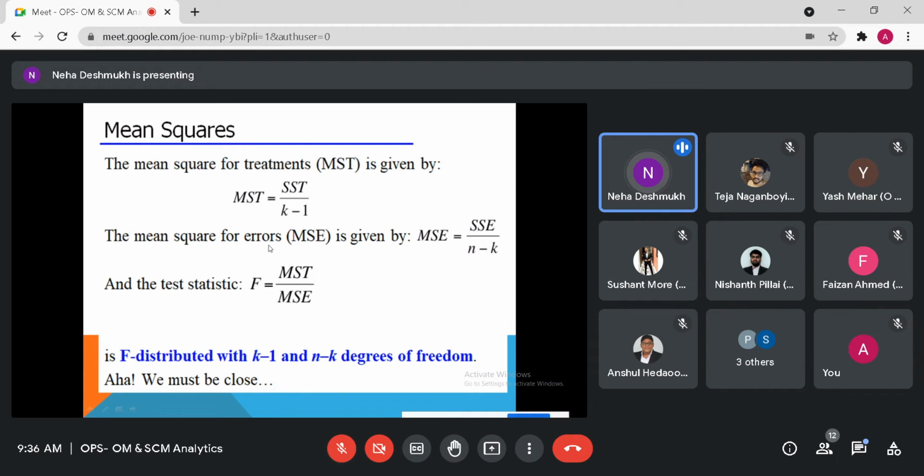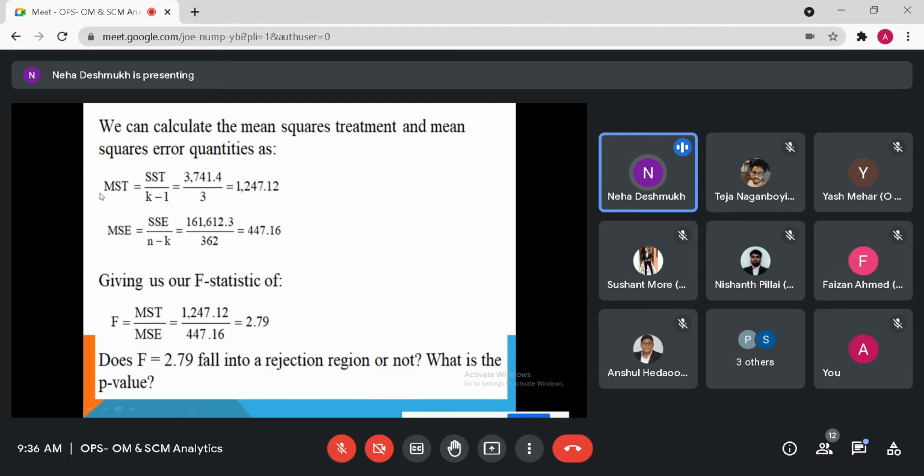It is also called the mean estimate square of error, and this is exactly the main step, the F test. You can calculate the F value from here, this is the value of MST, this is the value of MSE, and the F value is this.